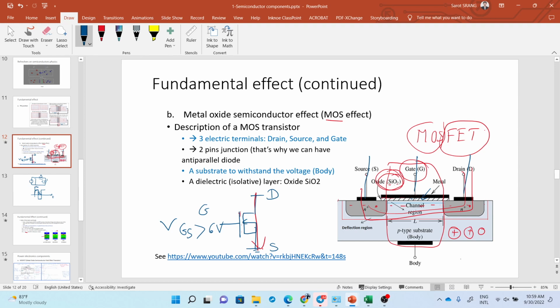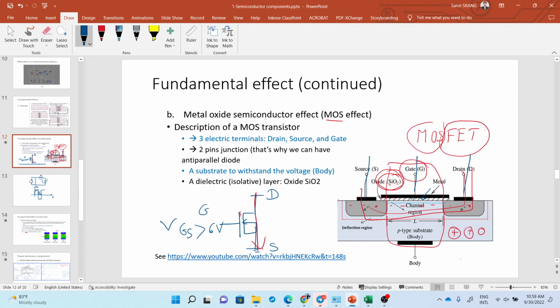So the field here must be strong enough in order to have enough electrons in here to make a bridge for current to flow. If there are not enough electrons, then the flow is not free. It's like there are obstacles in order to flow through this bridge.